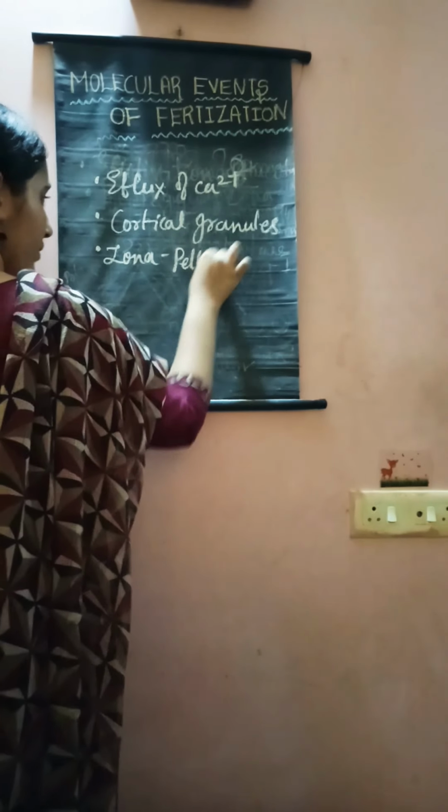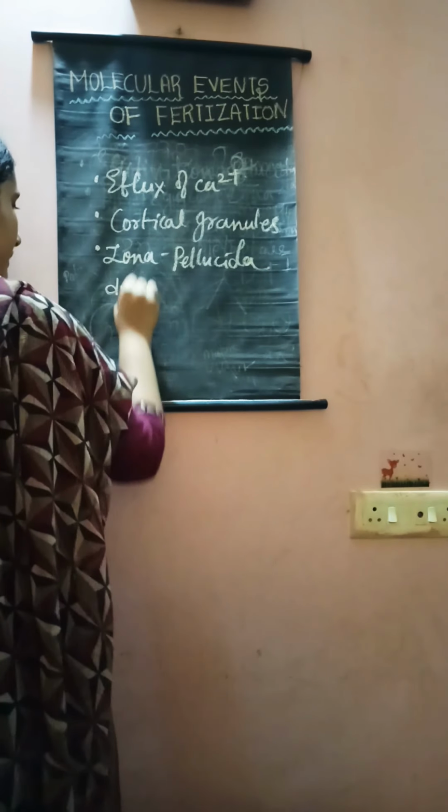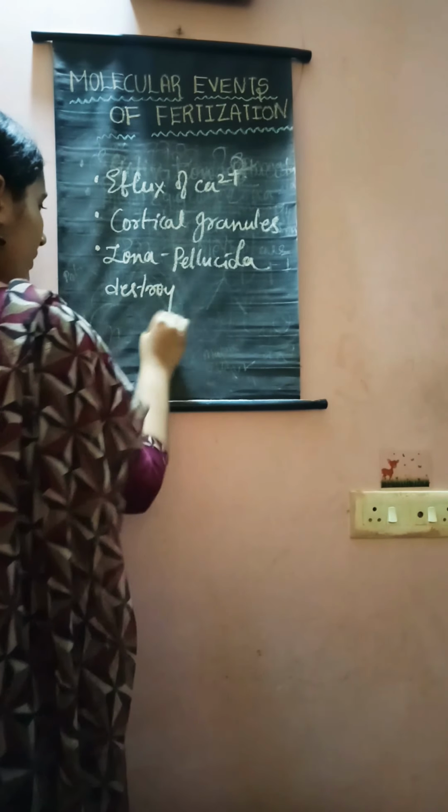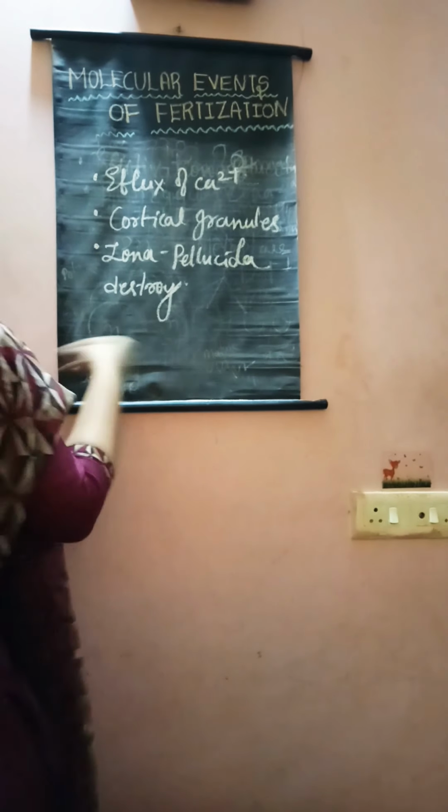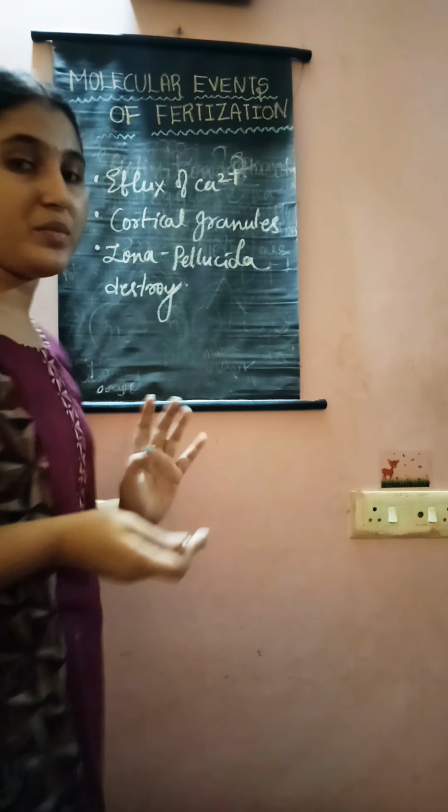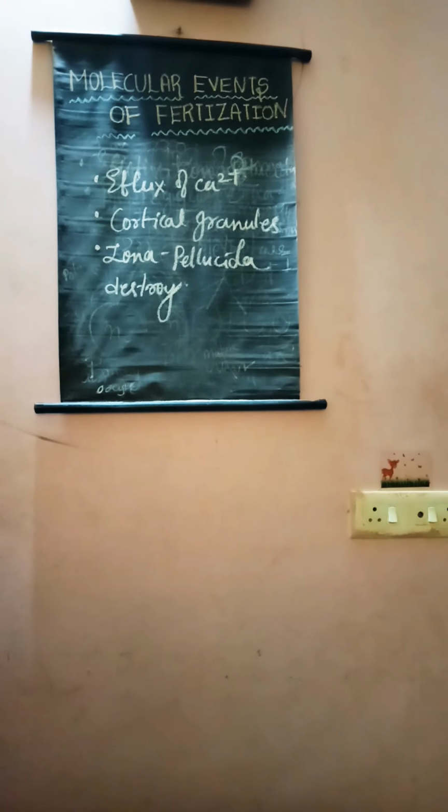Now you remember these cortical granules are packed with proteolytic enzymes. Now these proteolytic enzymes will reach the zona pellucida and destroy the zona pellucida proteins, that is all our ZP1, ZP2, ZP3, ZP4, all will be destroyed.